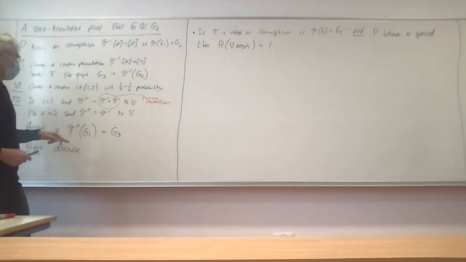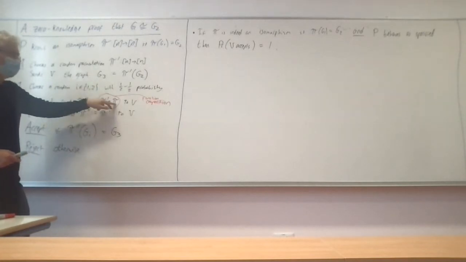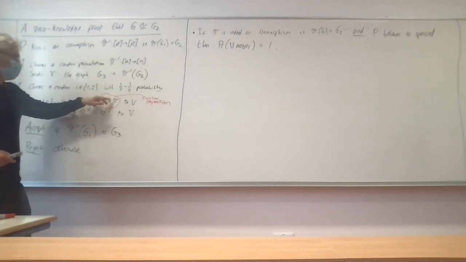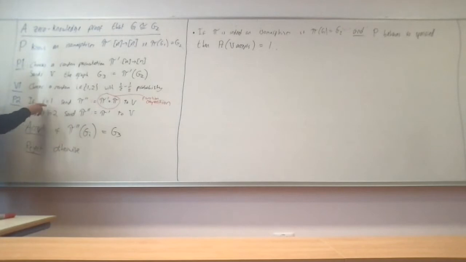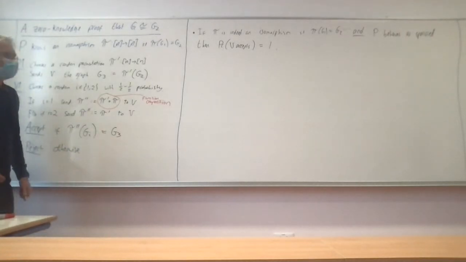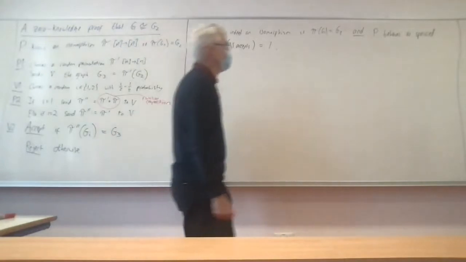And if I was 1, then it's sending pi prime, which is an isomorphism from G2 to G3, composed with pi, which is an isomorphism from G1 to G2. So the composition is an isomorphism from G1 to G3. So in both cases, for both values of I, the prover is sending the verifier an isomorphism from Gi to G3. So this equality always comes out as true, and the verifier certainly accepts.